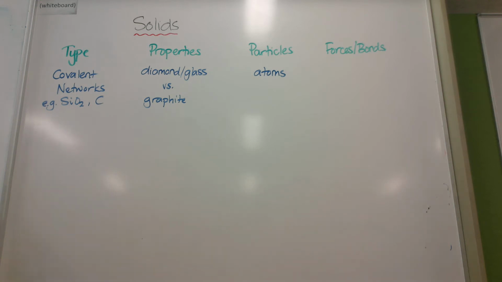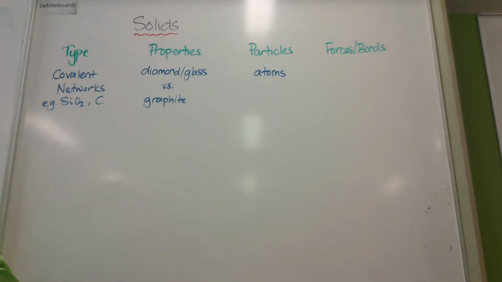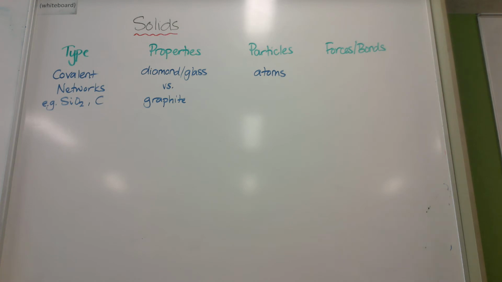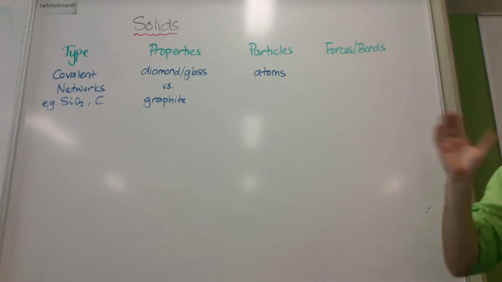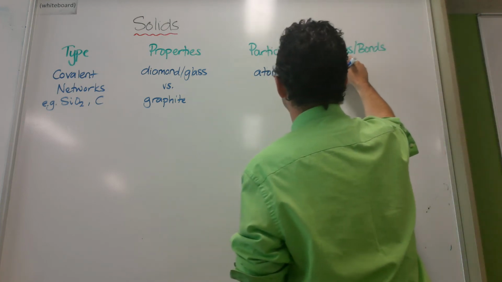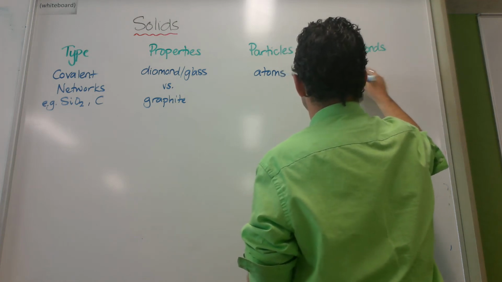It's silicon atoms and oxygen atoms in a 1:2 ratio, in a 3D network like that. The forces inside them are given away in the title. So what sort of forces or bonds are between these atoms? Covalent. Perfect. So covalent bonds are our forces.